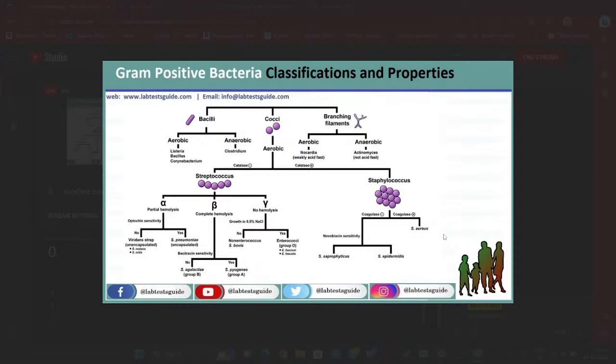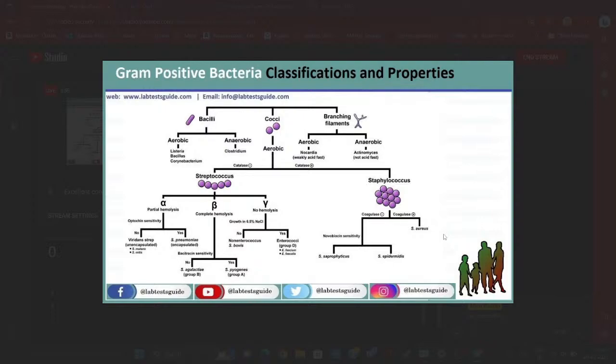In aerobic bacilli we have Listeria, Bacillus, and Corynebacterium, and in anaerobic bacilli we have Clostridium. All these bacteria are important.